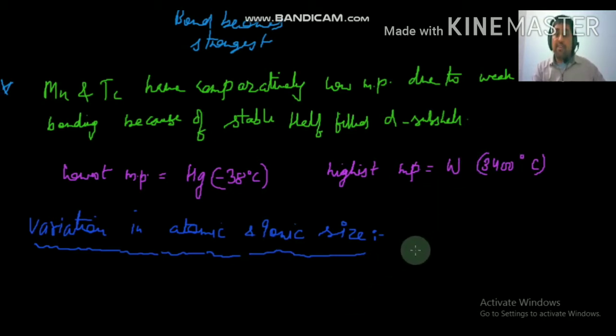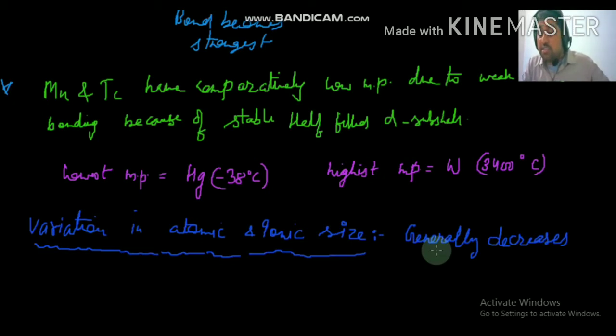Now see what variation you find in the atomic or ionic size. Generally, if you move from left to right in the period, the atomic and ionic size decreases along the period.